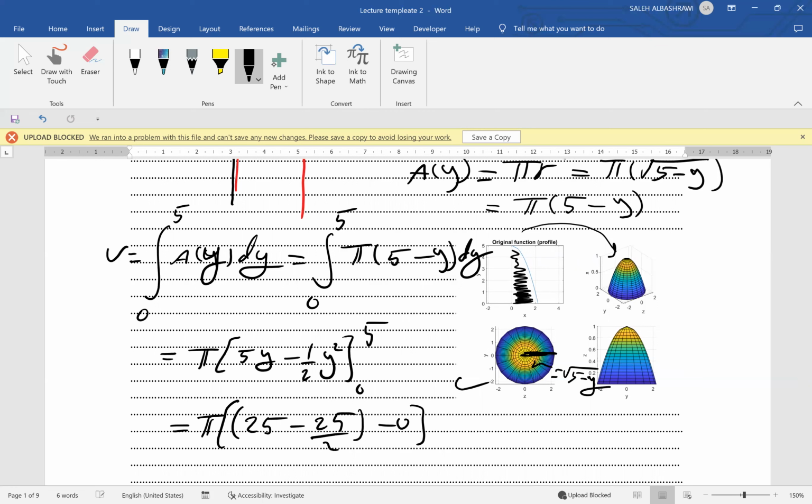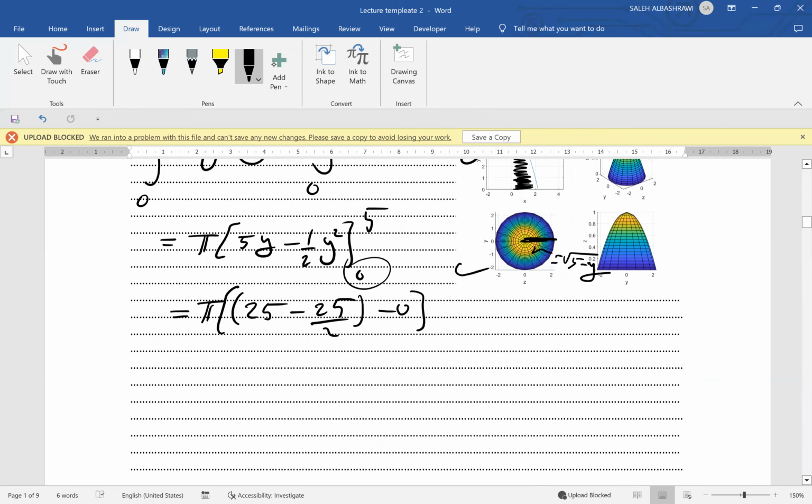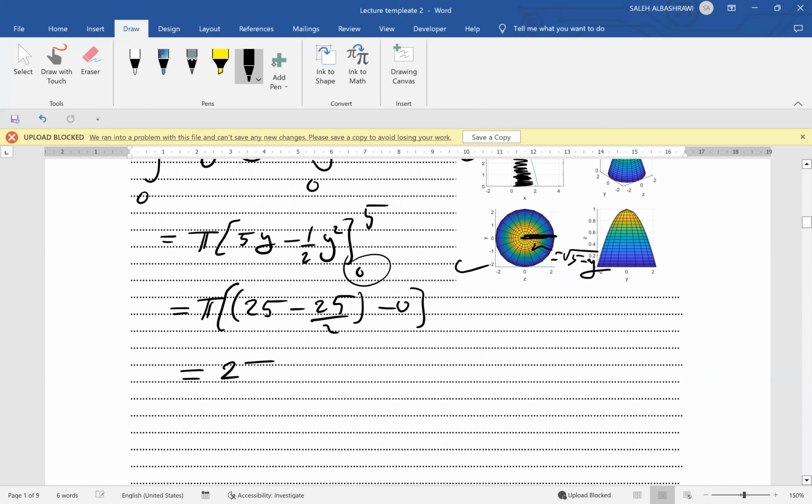So the lower limit is equal to 0 there. This will give me 25 pi over 2 cubed unit. So this is the idea of finding the volume of a solid by rotating the region about the x-axis or y-axis.